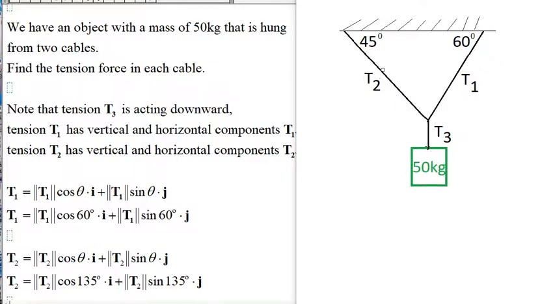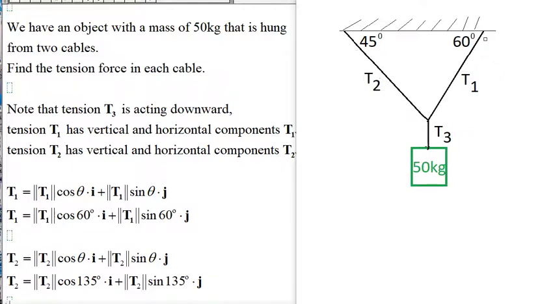And for this cable, the tension force is acting in this direction, so some of the force will be to the left and some of it will be up. And once again, we want to find the tension force in each cable.